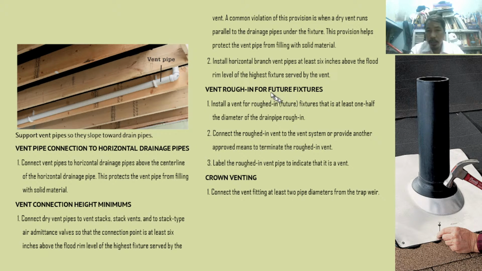So this provision helps protect the vent pipe from filling with solid material. We do not know, for example, rats, and old rats may die inside this vent. So the carcass of the rats would be a solid material that would be stuck up from that.